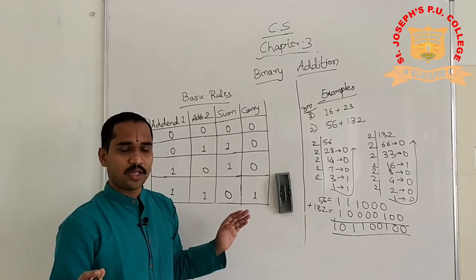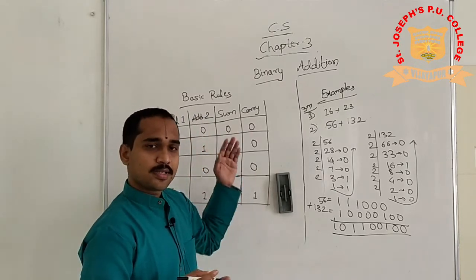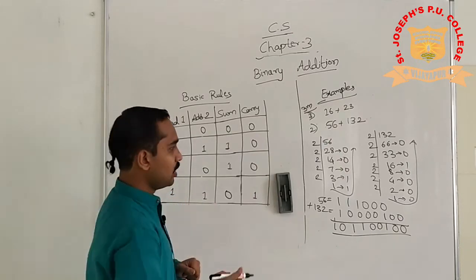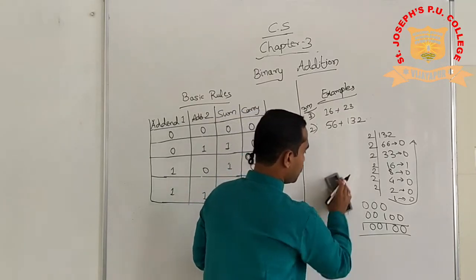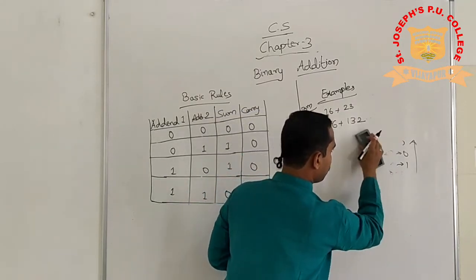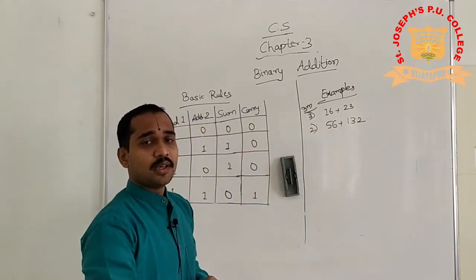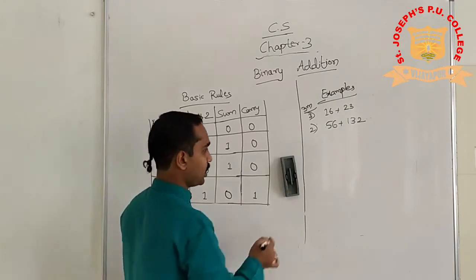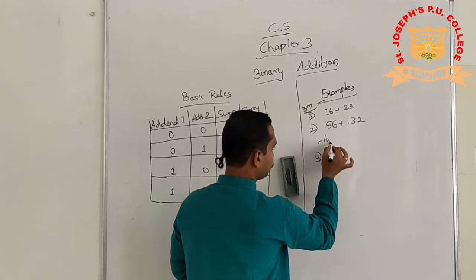Is this completely fine? If you have not understood something, just rewind the video, see it again and try to get the concept very clearly. So having understood binary addition, let me give some assignments of this type where you are given decimal numbers, you have to convert them to binary and add them. Take these as homework.